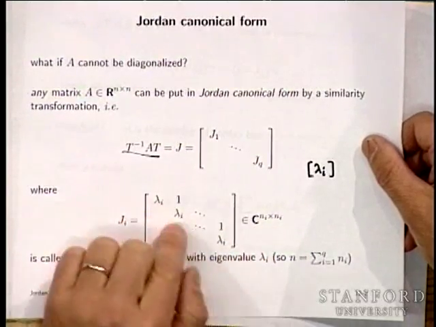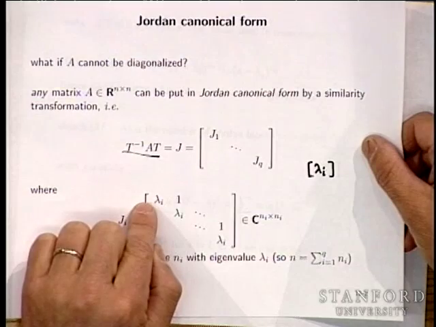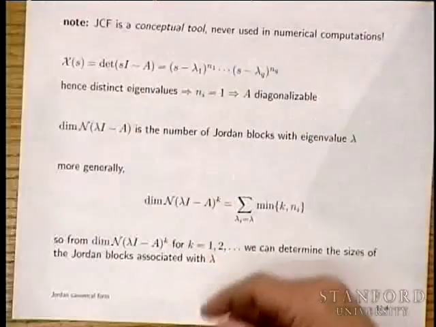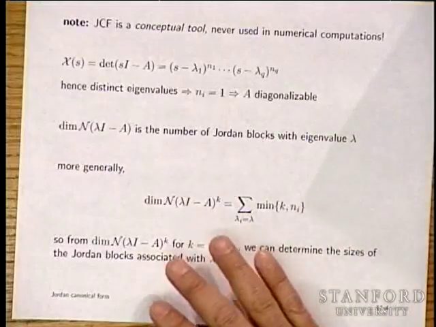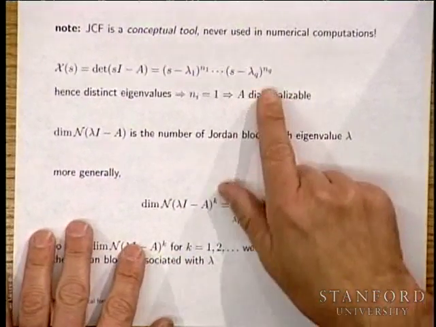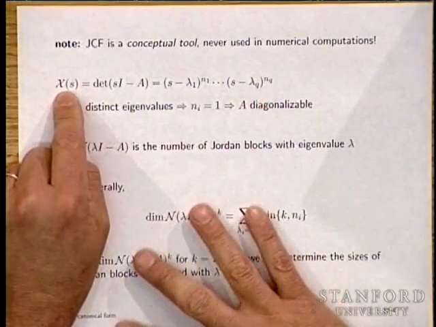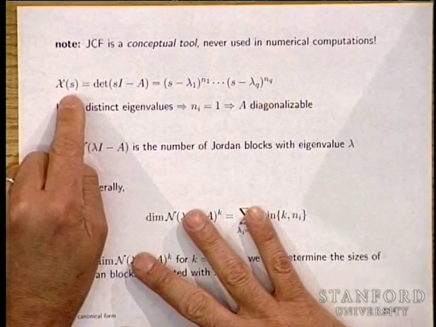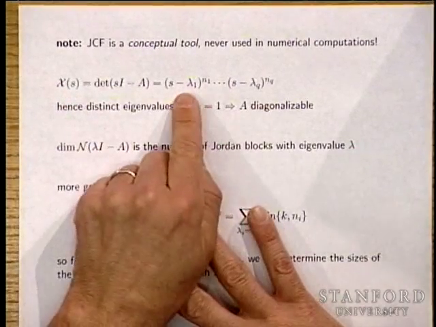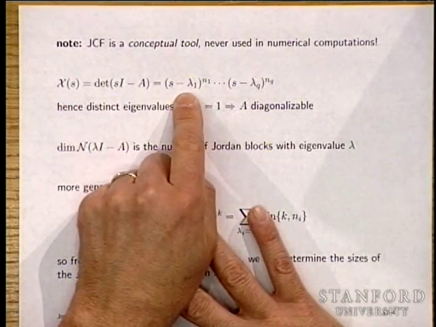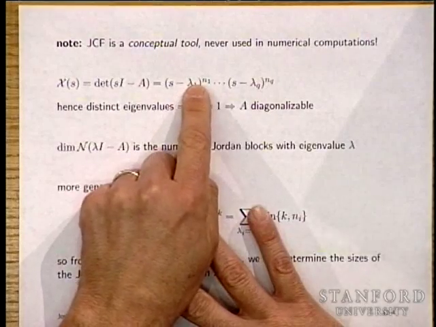The characteristic polynomial, in fact, of this is (s minus lambda i) to the n_i here. That's just sI minus J_i. Okay, so basically, this tells you the following. If you want to get the characteristic polynomial of the matrix, it's the eigenvalues associated with the blocks raised to the block size.